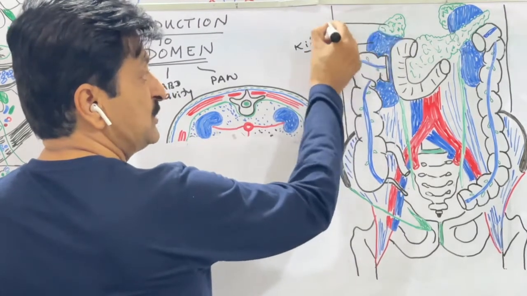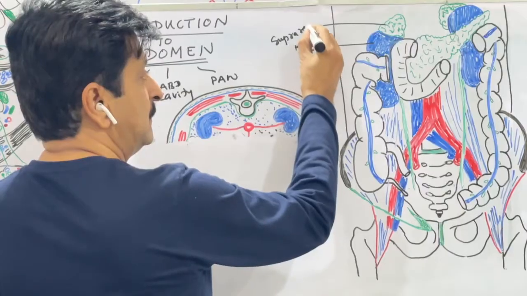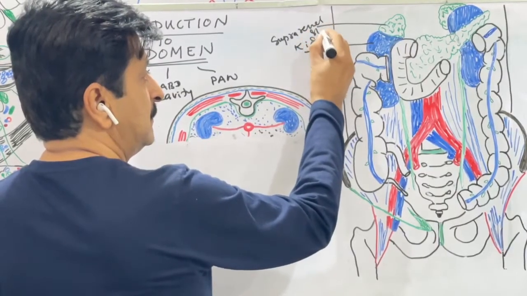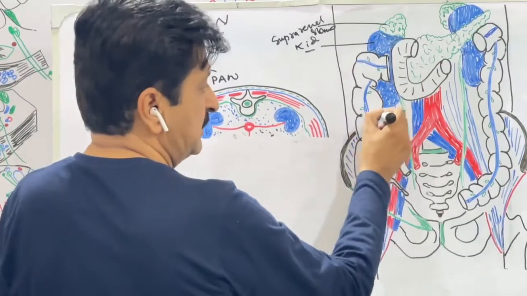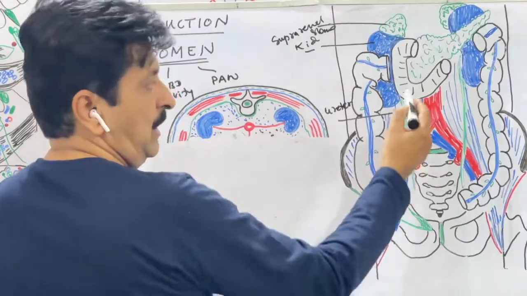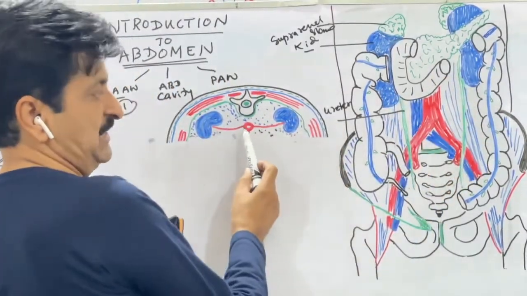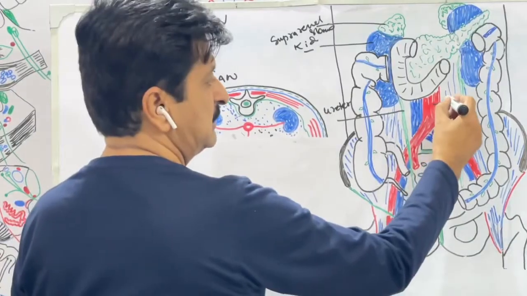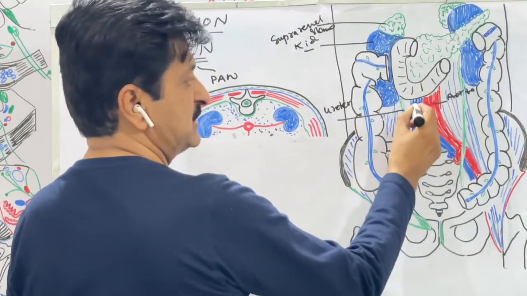On the top of the kidneys, we have the suprarenal gland. And you see emerging from the hilum of the kidney is the ureter. And you are watching not only this, but at the same time in the posterior abdominal wall, in the retroperitoneum, here is the aorta. And on the right side, it is the inferior vena cava.